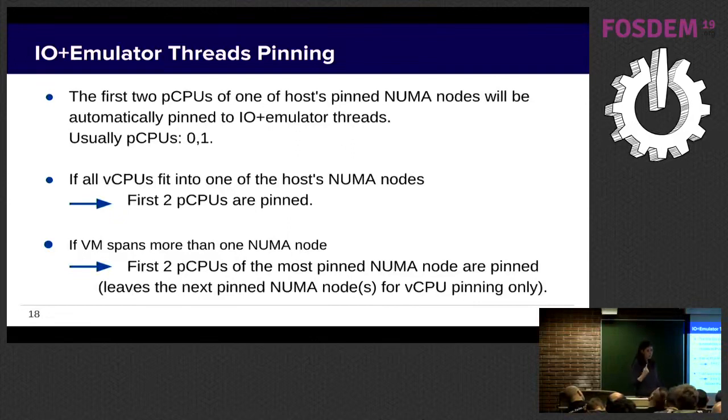We take one NUMA node, choose the first two physical CPUs, usually 0 and 1 but not always, and pin the IO and emulator threads to those two physical CPUs. If the VM spans more than one NUMA node, which can happen if the VM is larger, I will take only one physical NUMA node and pin my IO and emulator threads to it, and all the others will be used for virtual CPU pinning. So I won't take two from each of those NUMA nodes, we'll choose only one.